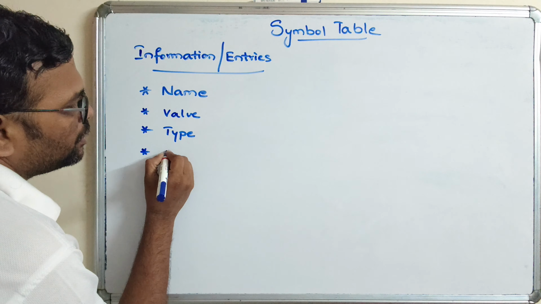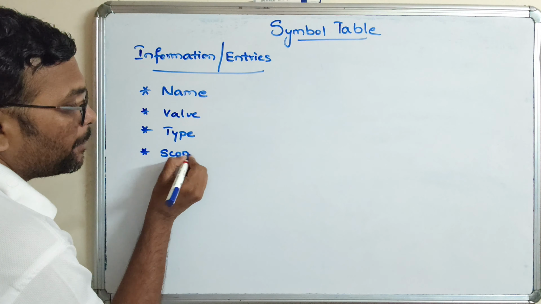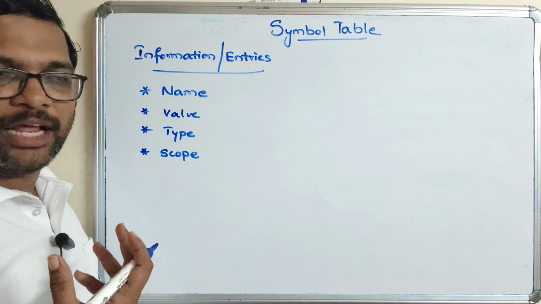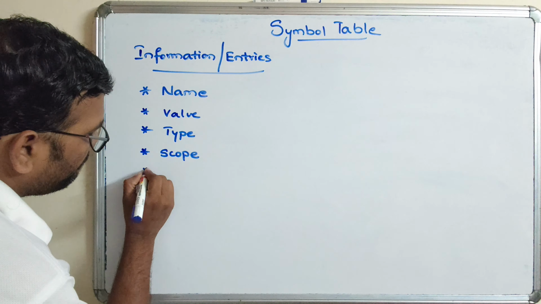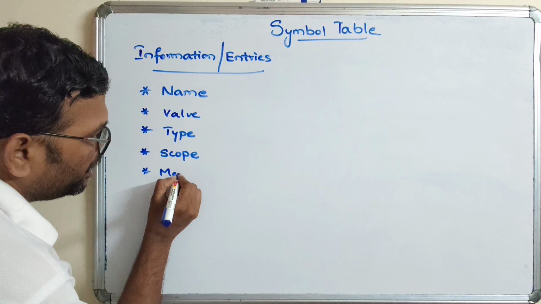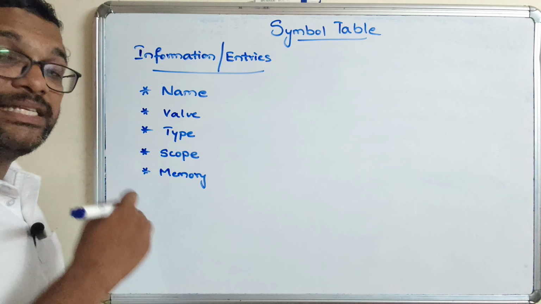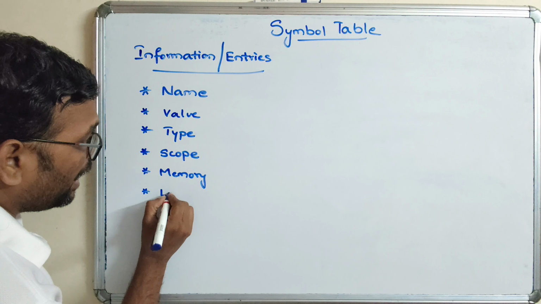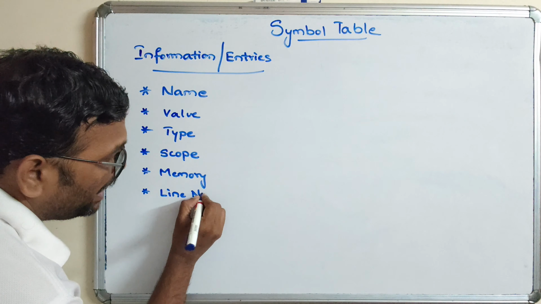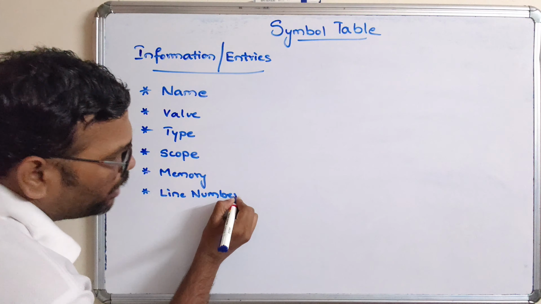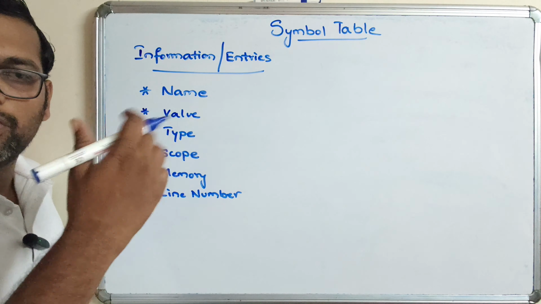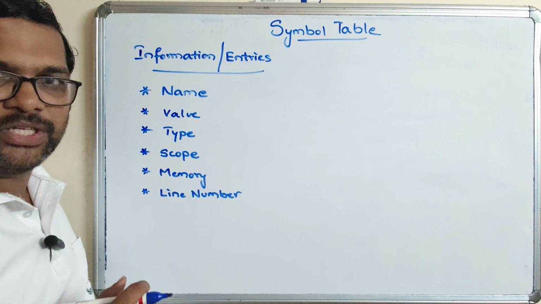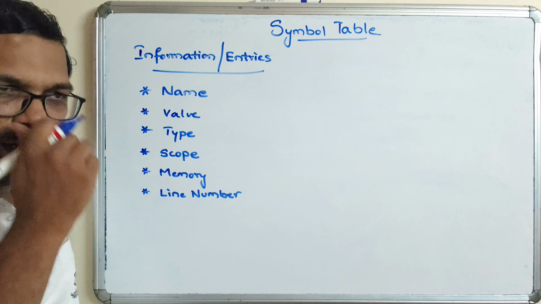Next, scope. Where it can be used, in which part it can be used, the scope. Memory, where it is saved, the location. And line number, the line number in the program in which the identifier was declared.